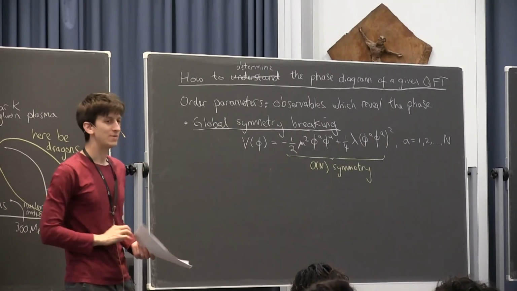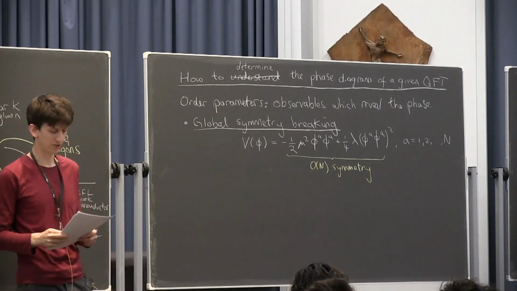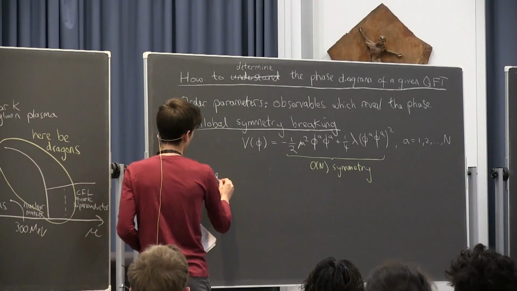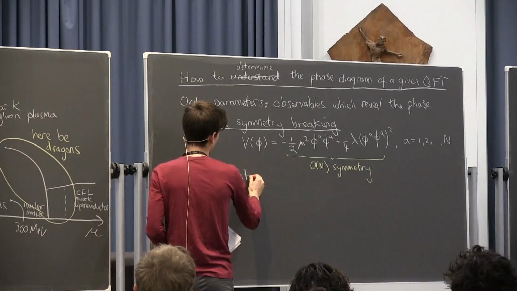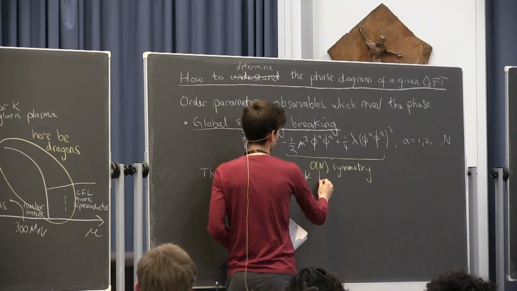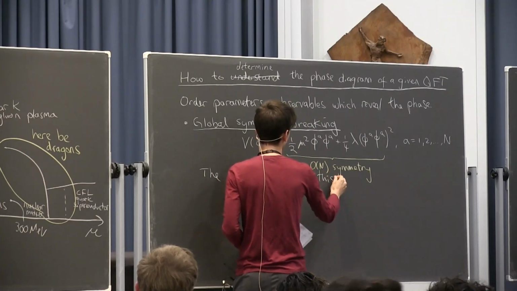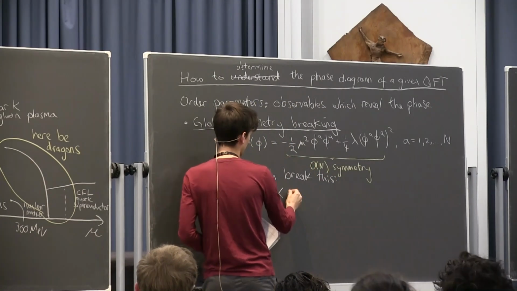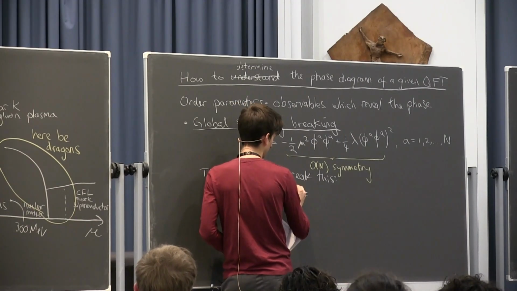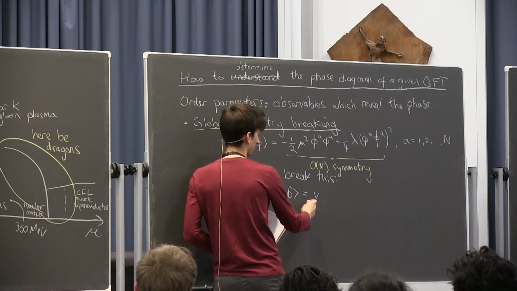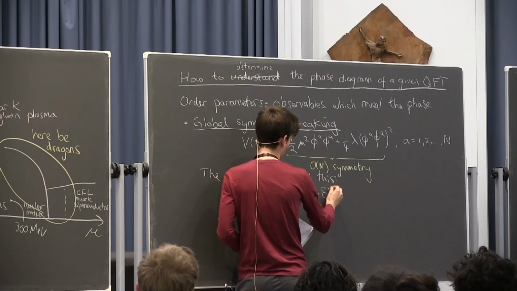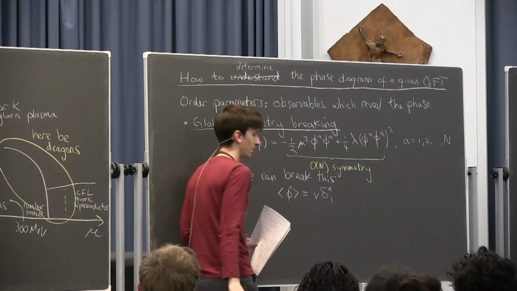Now, as you know, it may be that the state has a lower symmetry than the potential. For example, the state can break this. If, for example, the state looks like some value times delta_{a1}.